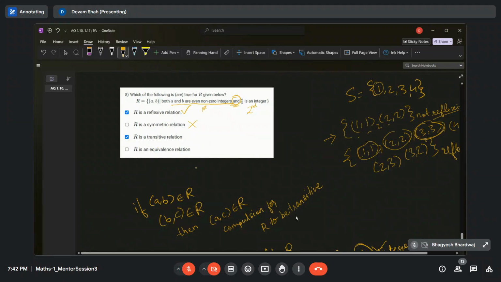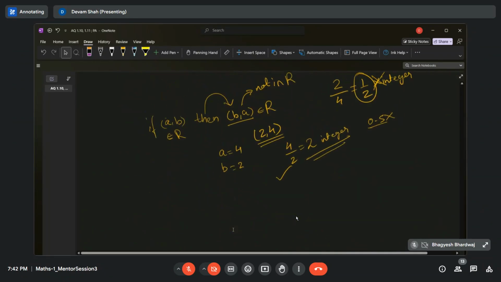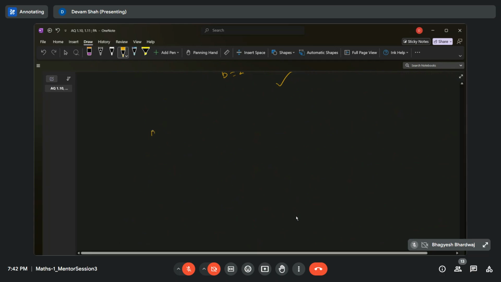Coming to transitivity. So now for this, let's say that a comma b is present, and a by b is an integer. B comma c is also present, and b by c is an integer. Now what they are saying is that then a comma c should also belong to R. But let's check.